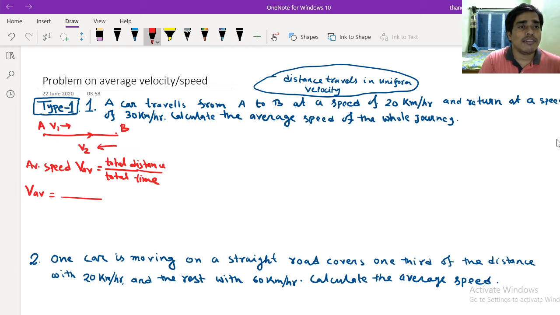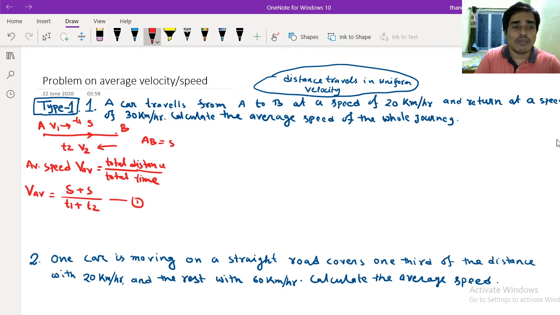Suppose the distance A to B equals s, then the total distance will be s plus s. Suppose the time taken for A to B is t1 and for B to A is t2, then the total time taken is t1 plus t2. This is equation number 1.